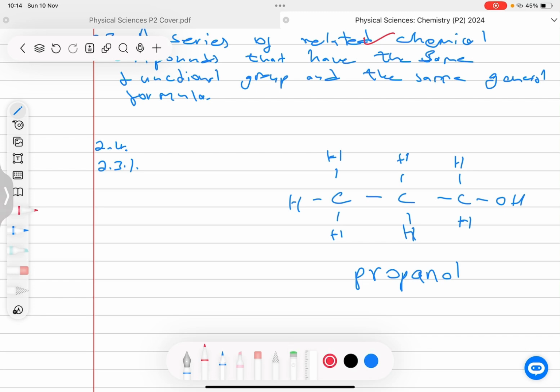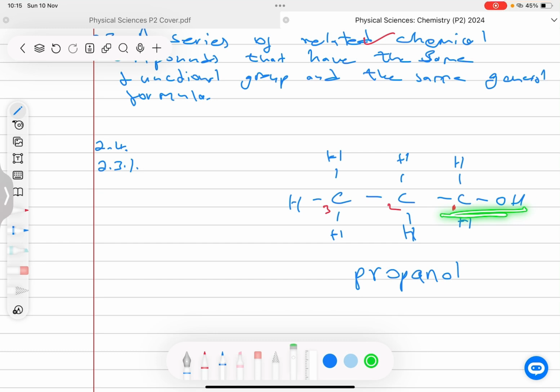It is close to this functional group. That means I'll start counting from the left going to the right. This is going to be the first carbon, second carbon, and third carbon, right? Now we're doing the counting because we want to identify the position of our functional groups, or even branched chains if we have branched chains in our molecule, right? So in this case we only have the functional group.